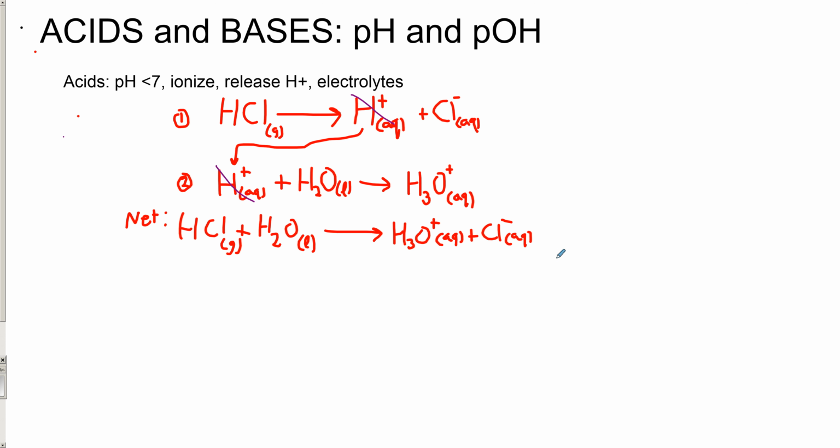So I wrote two equations down, and I crossed out what was the same on both sides. Math people, you're going to see this and be like, hey, hold the phone. This is exactly what we do in Math 10C when we do systems of equations. That's exactly right.